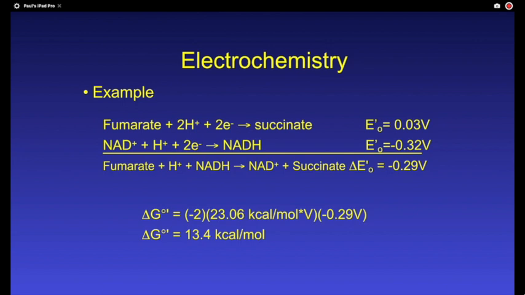The 2 H plus and 2 electrons we have written as a hydride, and there is an energy potential for that. And then the accepting of the 2 electrons as a hydride to make NADH has an electron potential for that. You take the 2 and look at the overall reaction. By the delta E, you can calculate very easily that this particular transformation would not be spontaneous.